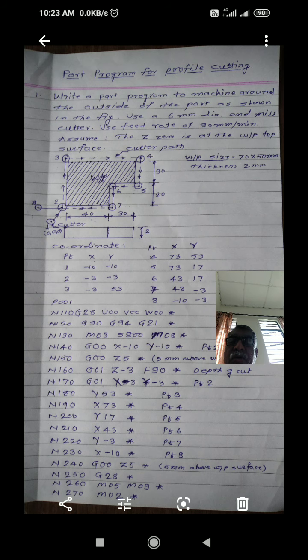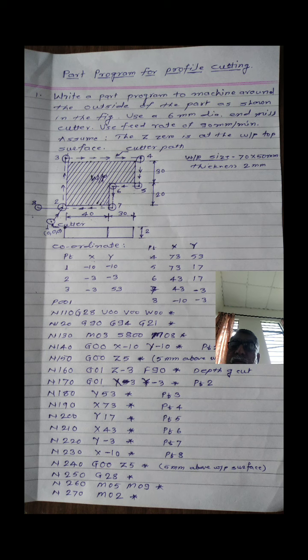Therefore, you have to bring the tool from the home position to point 1 with rapid traverse by mentioning the coordinates of point 1. Therefore, in block number 140: G00, X minus 10, Y minus 10, end of the block. That is point 1. The tool will reach point 1 with rapid traverse.